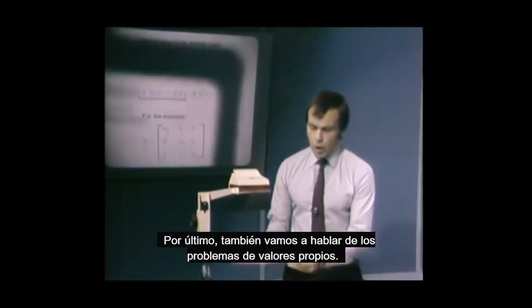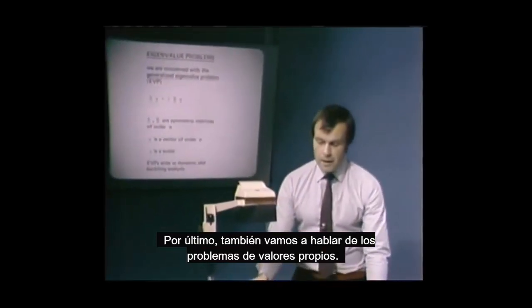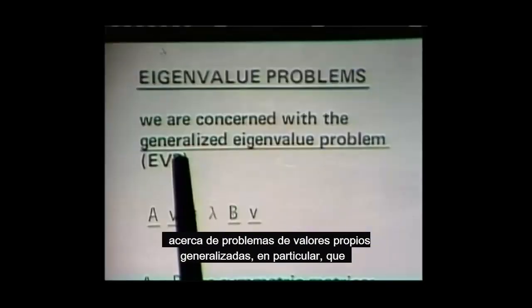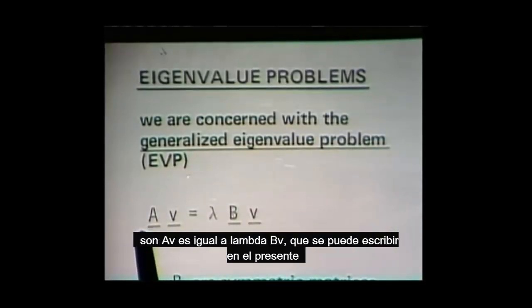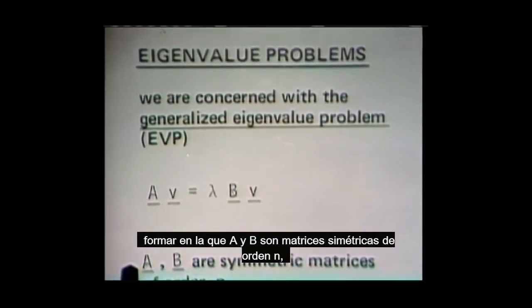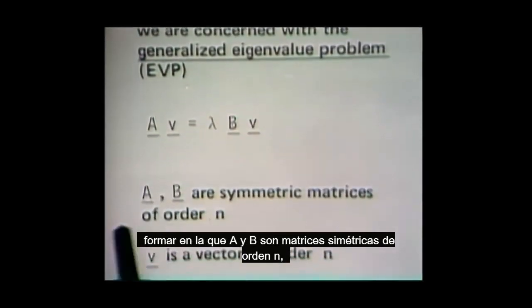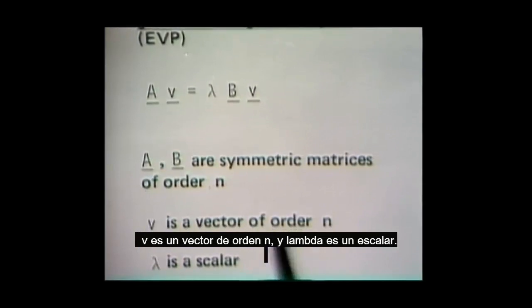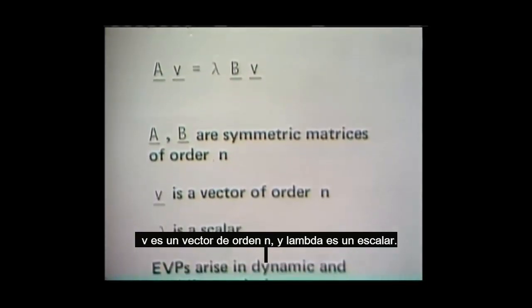Finally, we will also talk about eigenvalue problems. In the solution of eigenvalue problems, we will be talking about generalized eigenvalue problems in particular, which are AV equals lambda BV, which can be written down as in this form, where A and B are symmetric matrices of order n, V is a vector of order n, and lambda is a scalar.